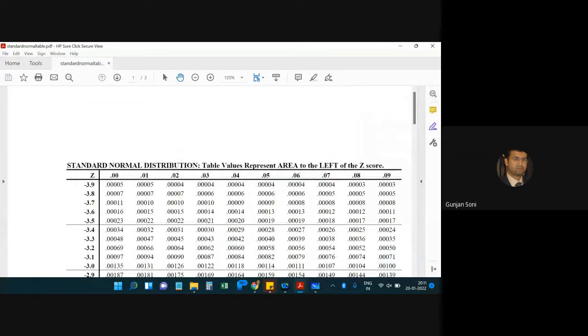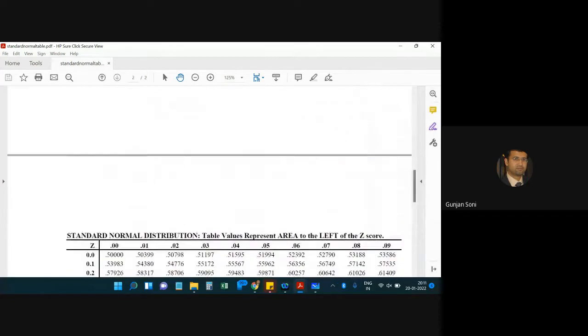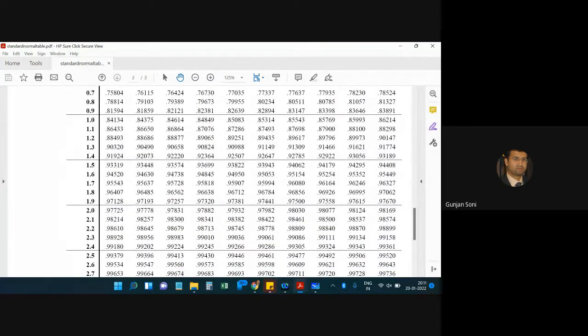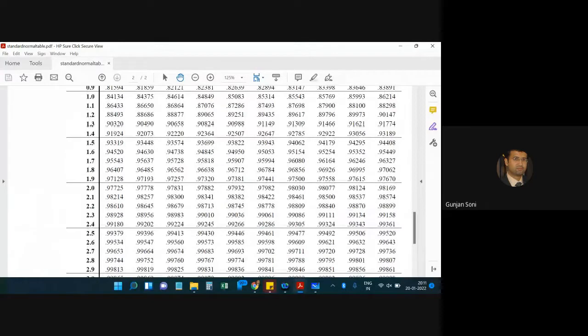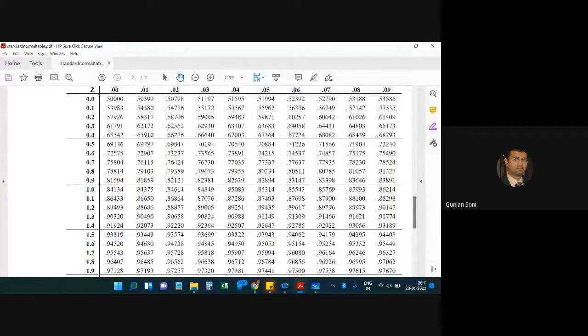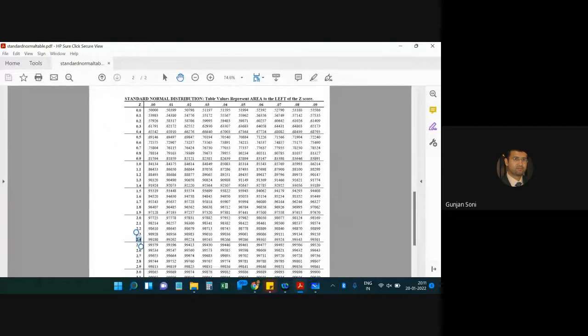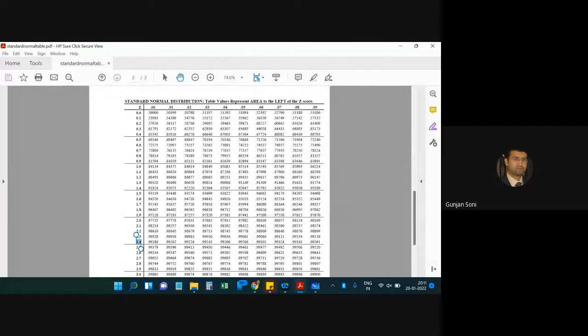Corresponding to 2.46 we want to see. So we go here on the positive side: 2.4 over here and 6 is 2.46. So this is what we are getting, 0.99305.